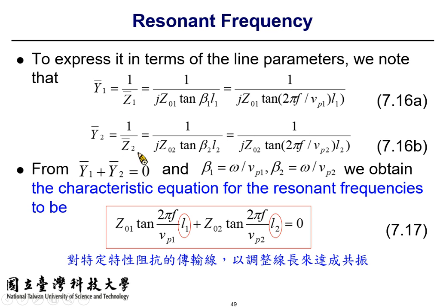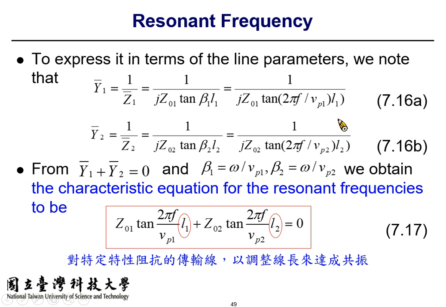You can do the same to write down the expression for Y2, which is similar to the Y1 expression. You know that Y1 plus Y2 equals 0, so the sum of the two terms equals 0.